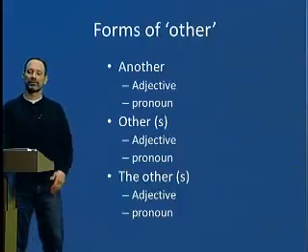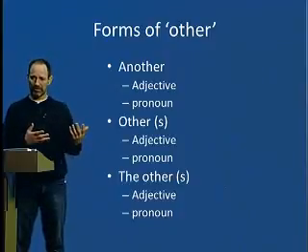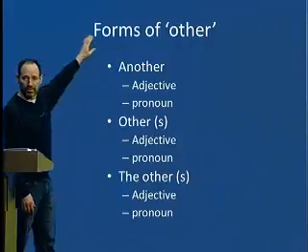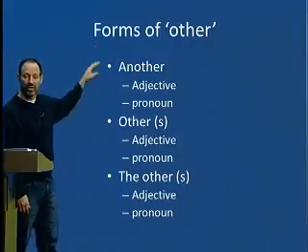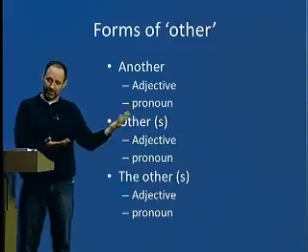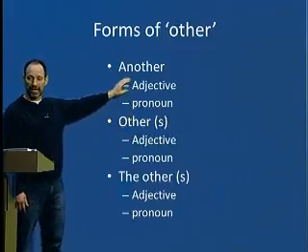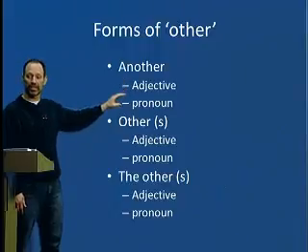So today we've talked about the word other and the different forms of the word other. The first form was another, which means one more in addition to the ones we've already mentioned. And another could be an adjective, or it could be used as a pronoun, and it's singular.